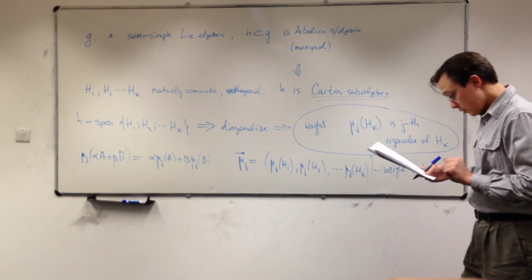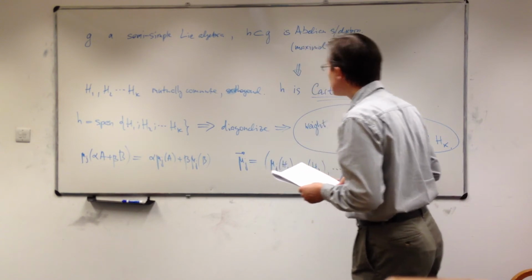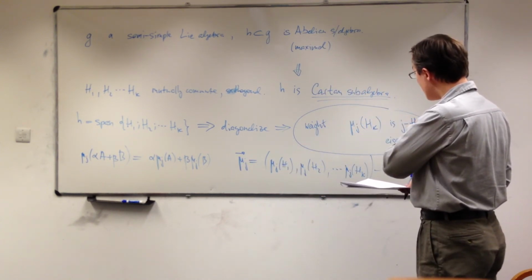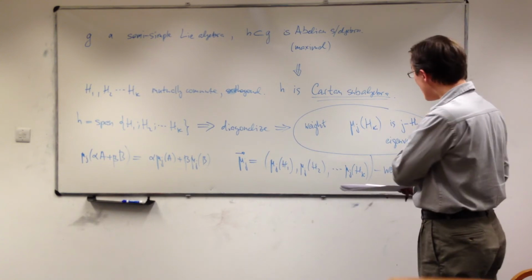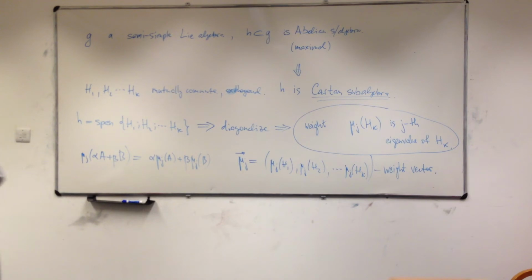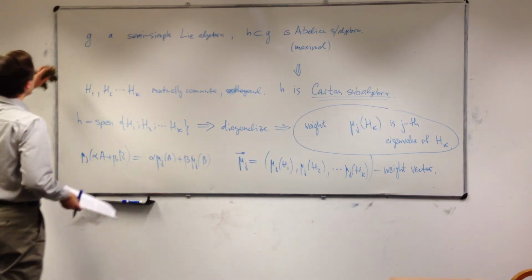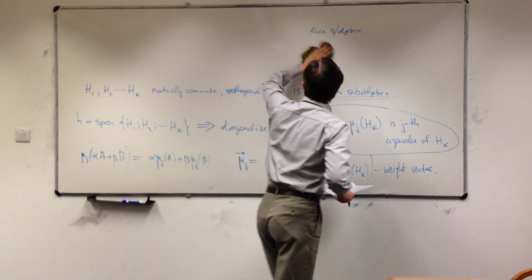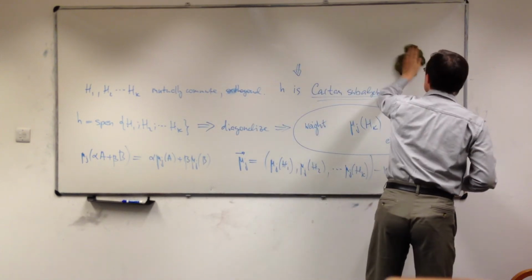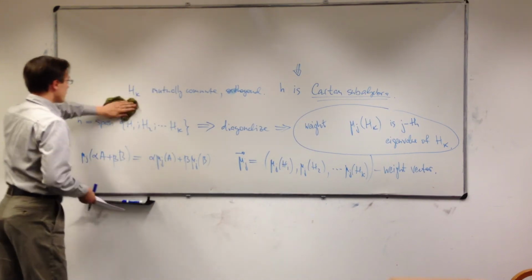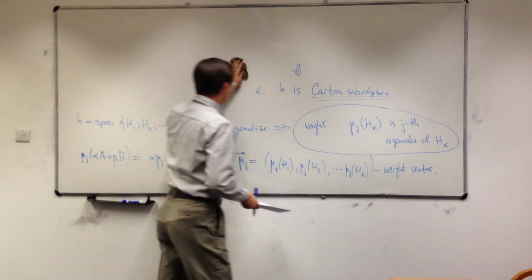Okay, so let us now make this slightly more understandable, I guess, by looking at specific examples. I'll be using SU2 and SO3 as a test case. At least in the case of SU2, you will instantly recognize these things because we've been through them many, many times, first for angular momentum and then for spin.